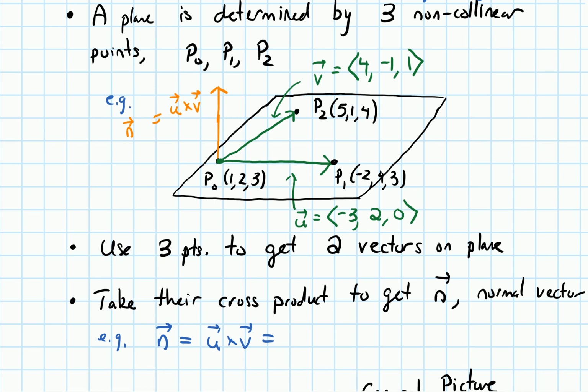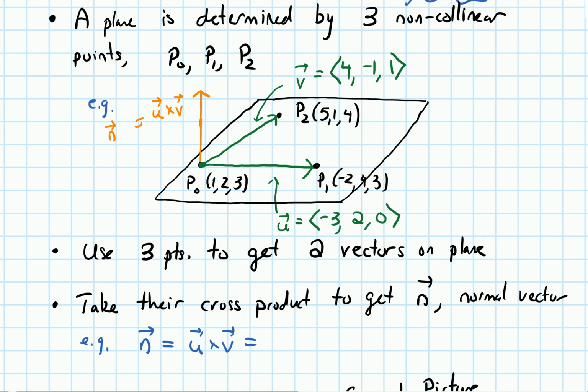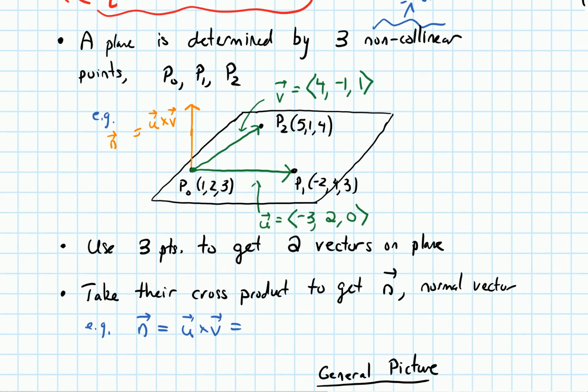To compute that normal vector, we'll take a determinant. We would get i, j, k, which we always put at the top. Then we put whatever the first vector in the cross product is, which is U, on the next row: -3, 2, 0. And the second vector, which is V, on the bottom row: 4, -1, 1.